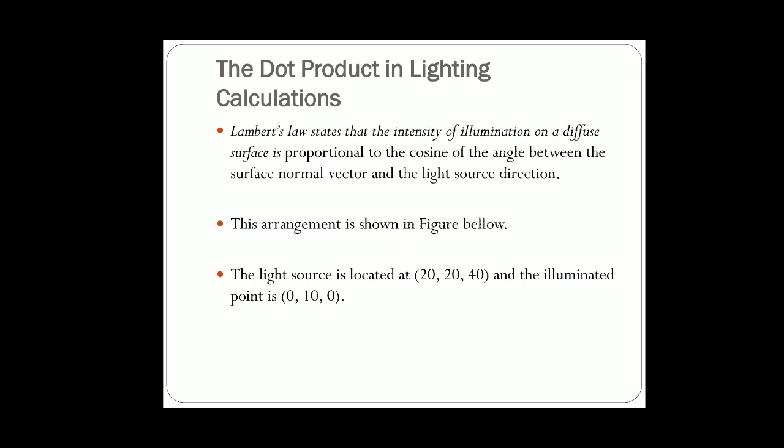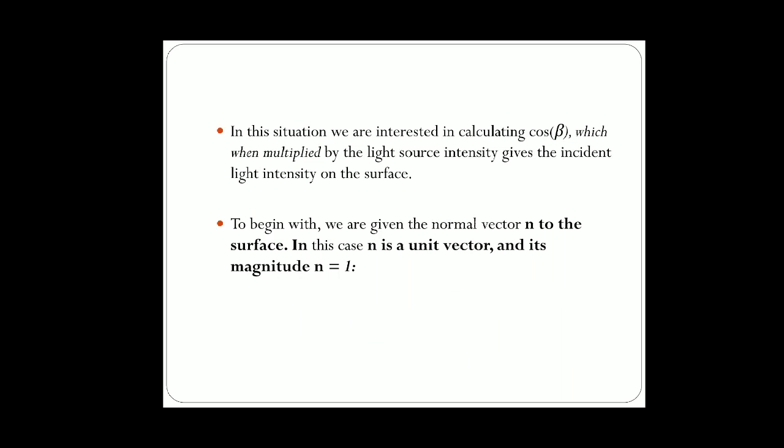In this situation, we are interested in calculating cos beta, that is the illumination, which when multiplied by the light source intensity gives the incident light intensity on the surface. By calculating this, we get the intensity of light when it is falling on the actual image, that is the surface of the image.